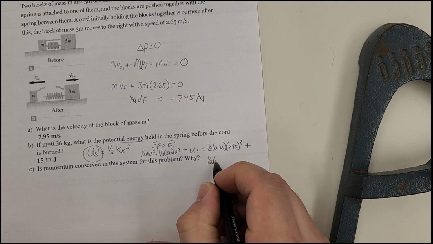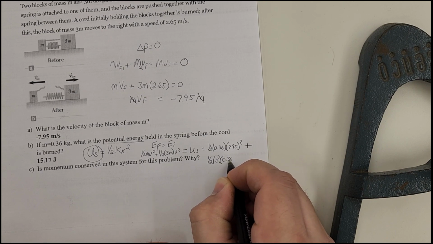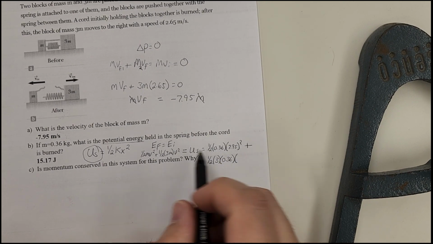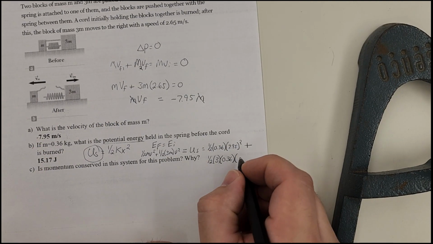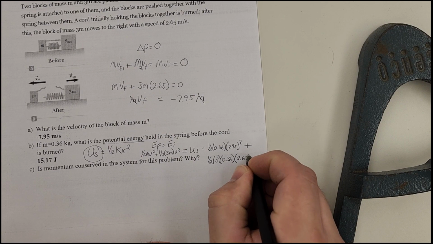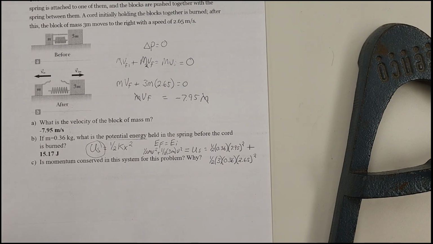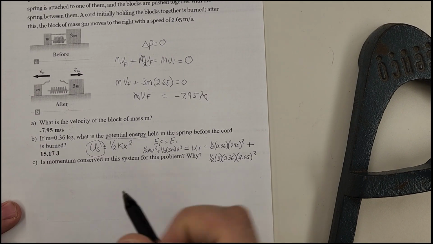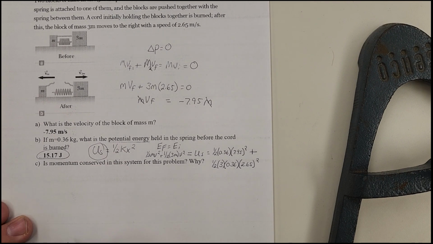We have 1/2 3 times 0.36, and then the velocity of the 3m block, which it told us here was 2.65, and that gets squared. All right, let's plug that into our calculator and make sure we get the same answer. And when we plug in, sure enough, we get 15.68, or we can round that up to 15.17.